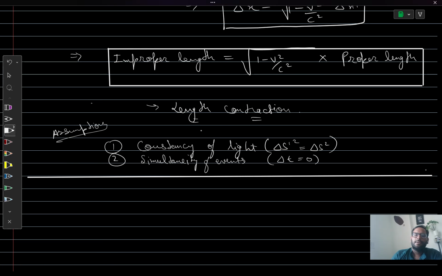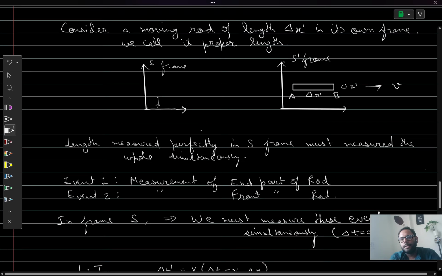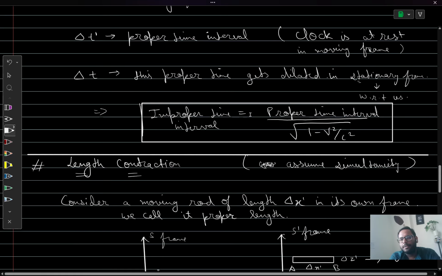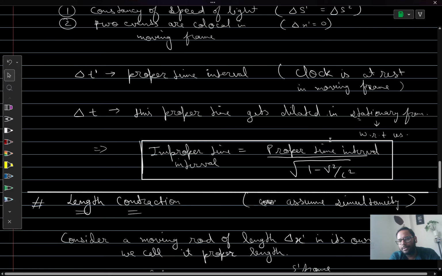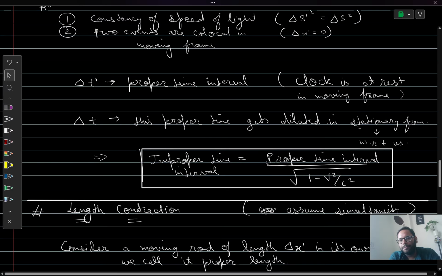So you see, in the moving frame the clocks are actually running very slow because the time interval gets dilated.